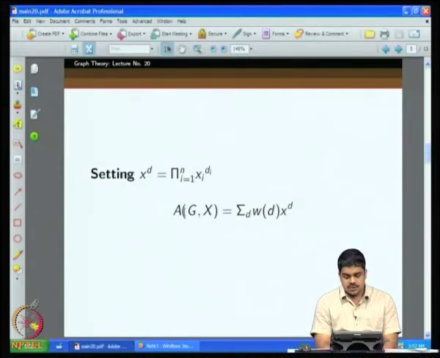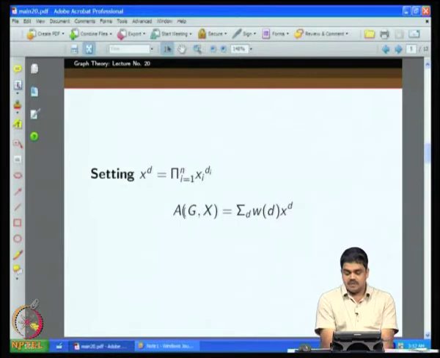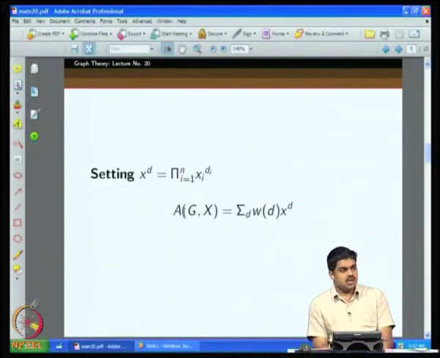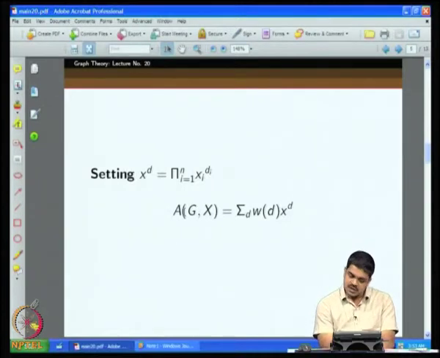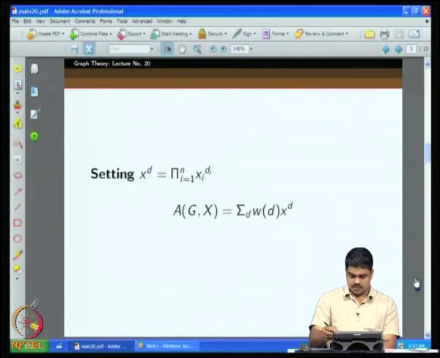And now we can always ask, suppose given a degree sequence, you consider all the possible orientations with that degree sequence, and if I sum up the signs, will it be negative or positive, or will it be 0? Such questions can be asked. This is what we are going to make use of in the later proofs.